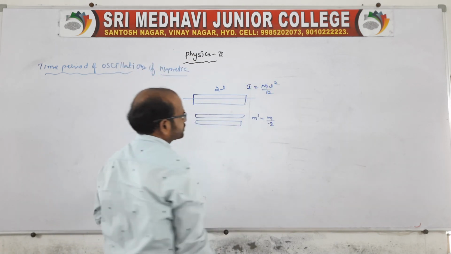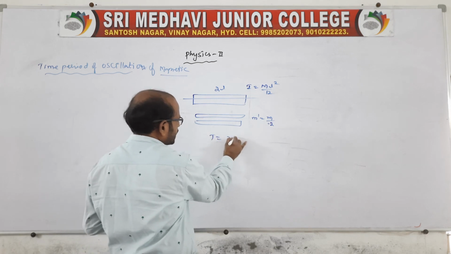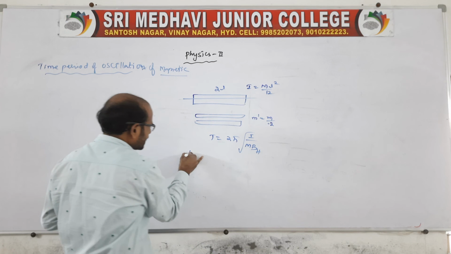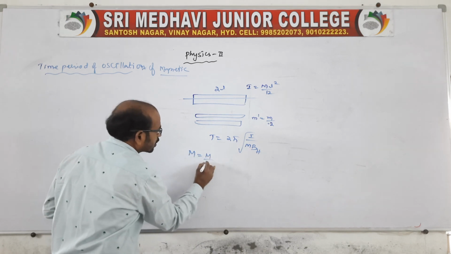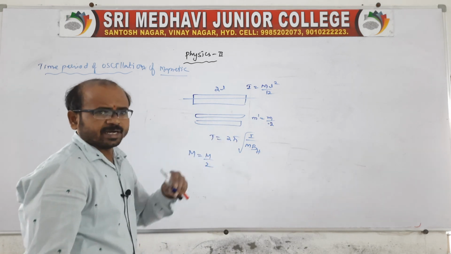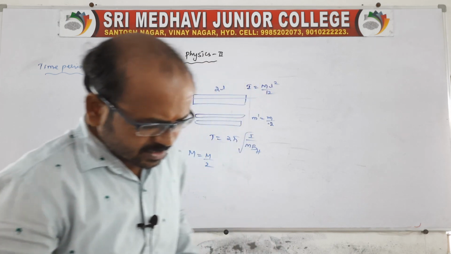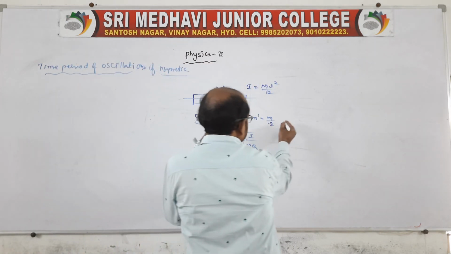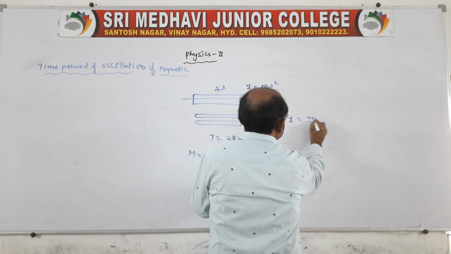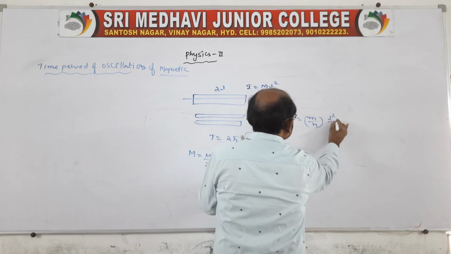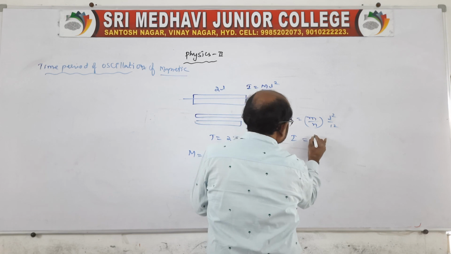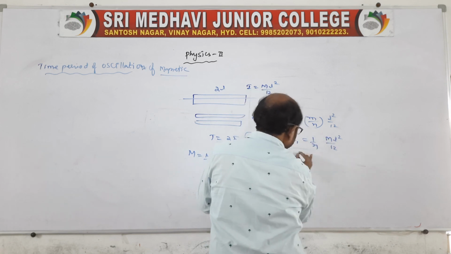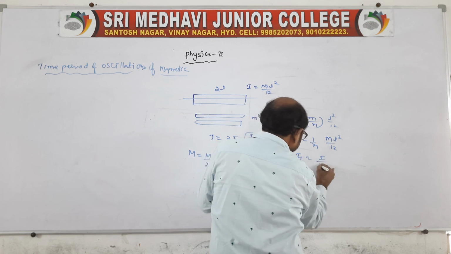Now the time period is equal to 2 pi into root over I by M BH. The magnetic moment will be M by 2, or M by n, since it is divided. The mass becomes m by n and the length remains the same. So I1 is equal to 1 by n of ml square by 12, that is, I1 is equal to I by n.